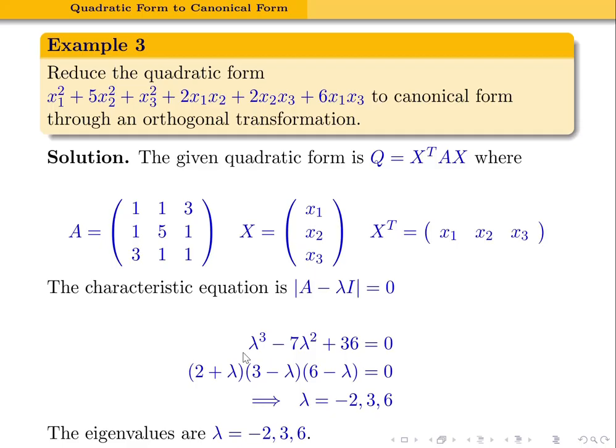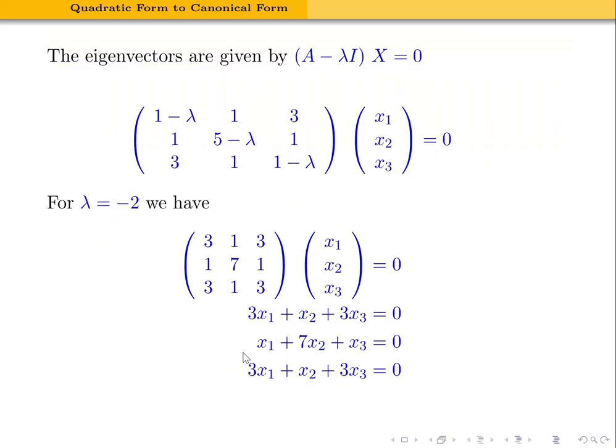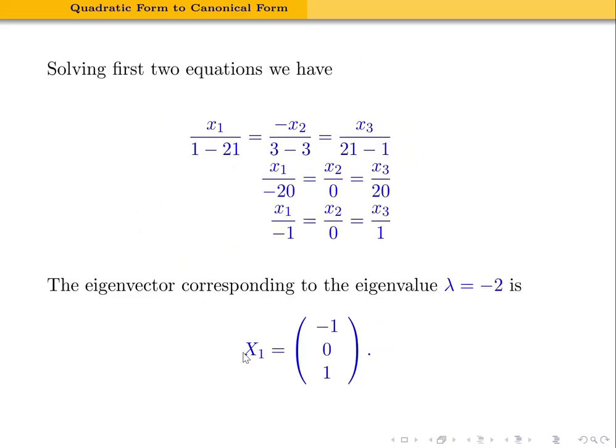Next we are going to find the eigenvectors of the corresponding eigenvalues. The eigenvectors are given by A minus lambda I into x is equal to 0. For lambda is equal to minus 2, we substitute and get the first eigenvector: minus 1, 0, 1.